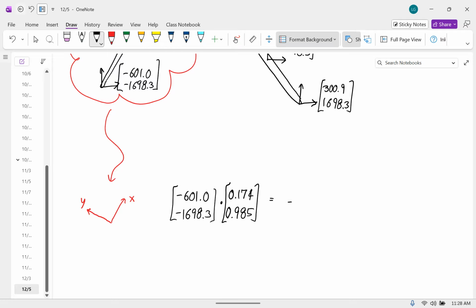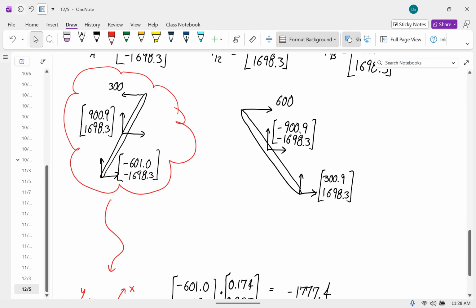And you get negative 1777.4. Okay. So on, and you'd have to keep doing these for x and y components of all of these. So you'd have to do this twice for this one, twice for this one, twice for this one, and that would give you your components.